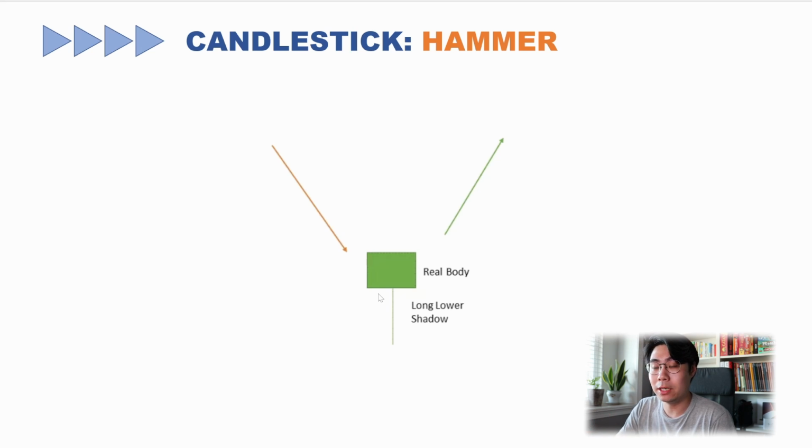When you have more buyers, you have more demand, then you don't really need to remember the names of these candlesticks. For example, I know for this hammer, again, it means initially there is more supply. That's why it was pushing the price down. There was more supply, there's more sellers. However, as time went on, the buyers came in and there's more demand, and demand actually became higher than the supply in the end, and then pushed the price all the way back up.